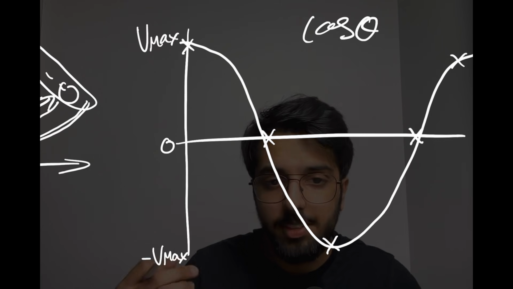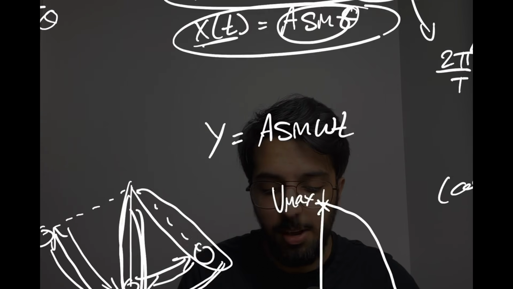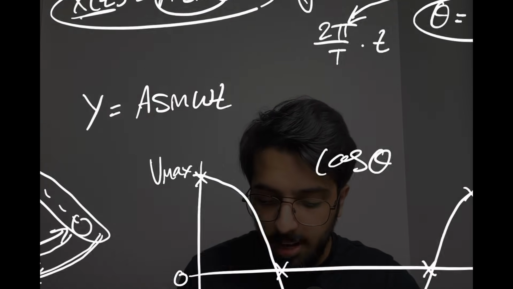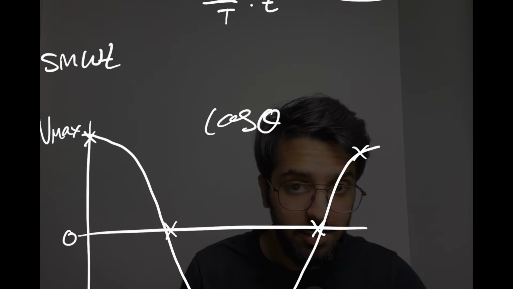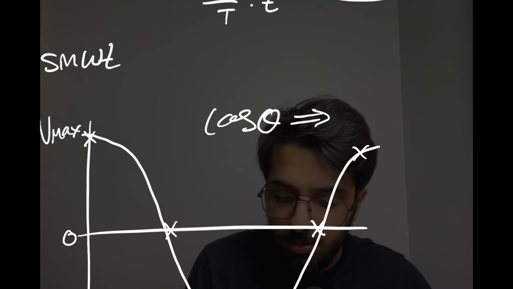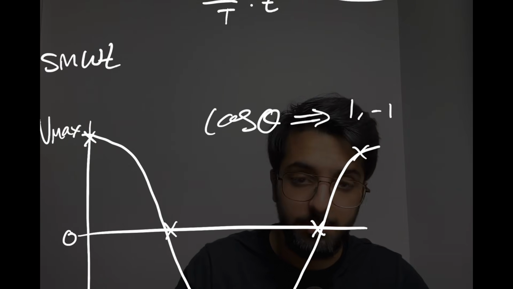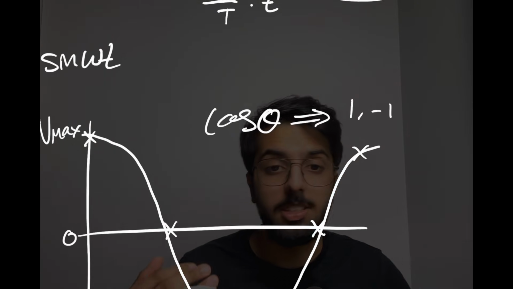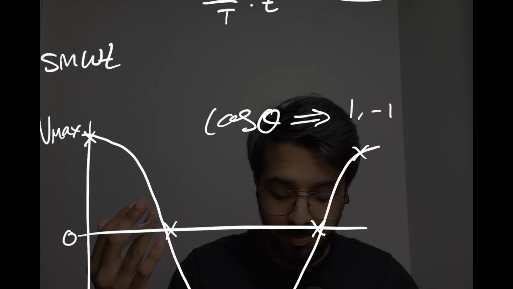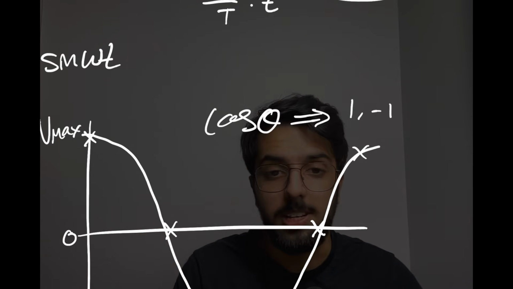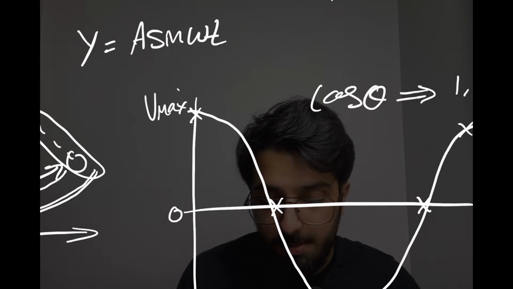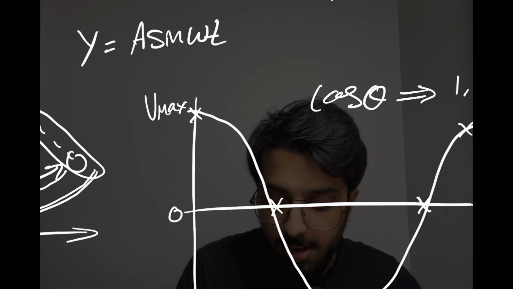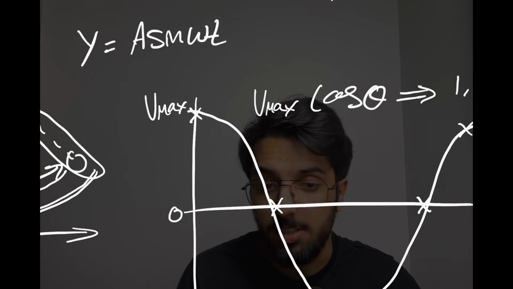Now again, we have the exact same problem that we had with our displacement function. Just having cos theta on its own is not very helpful, because cos theta also returns a value between 1 and -1, right? So we need to multiply it by something to get a scaling factor. We can't just multiply it by its displacement, because that no longer works. What we need to do is multiply it by Vmax. So we get Vmax cos theta, right?